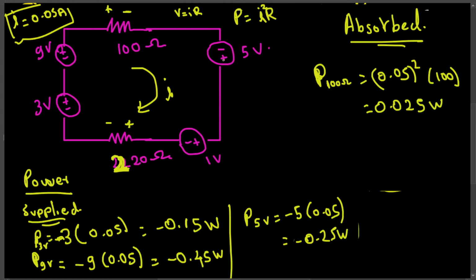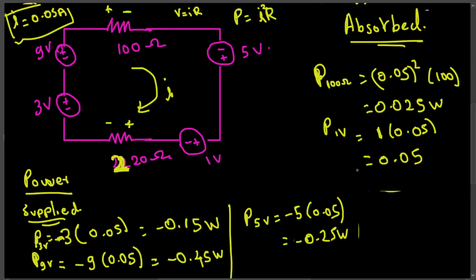And then we have, is there anything else going from plus to minus? This 1 voltage is also absorbed because when the current goes through this, it is going from plus to minus. So P 1 voltage, for this one we can apply P is equal to VI. P is 1 voltage times the current, that is 0.05. So this is basically 0.05.